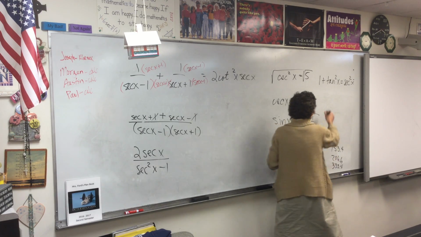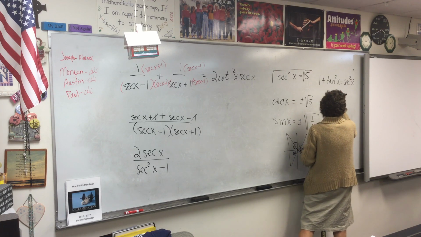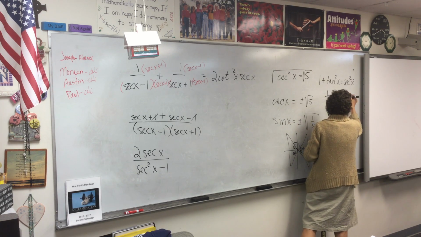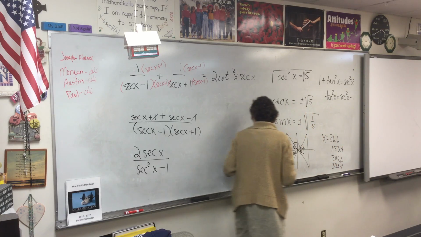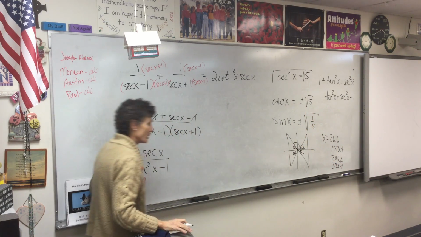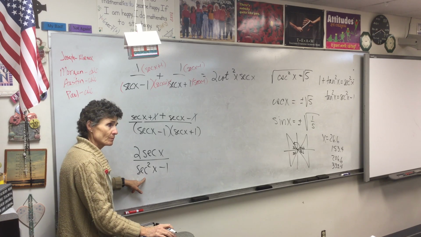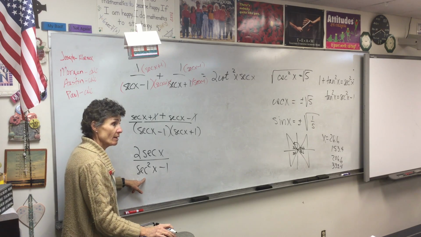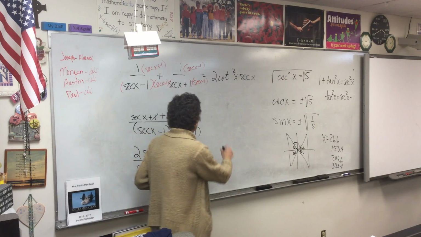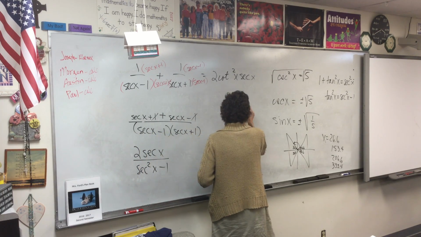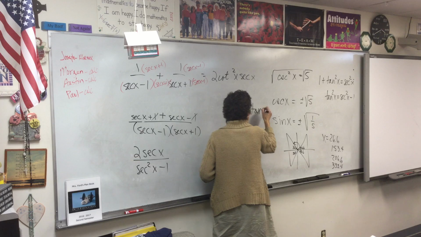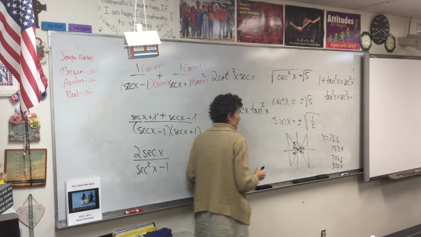So subtract 1, which would mean tangent squared equals secant squared minus 1. So I have a secant squared minus 1 in my denominator, so I can replace it with tangent squared. So now I have 2 secant over tangent squared.